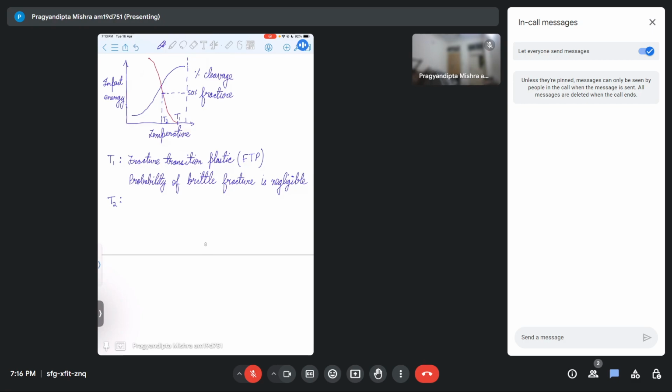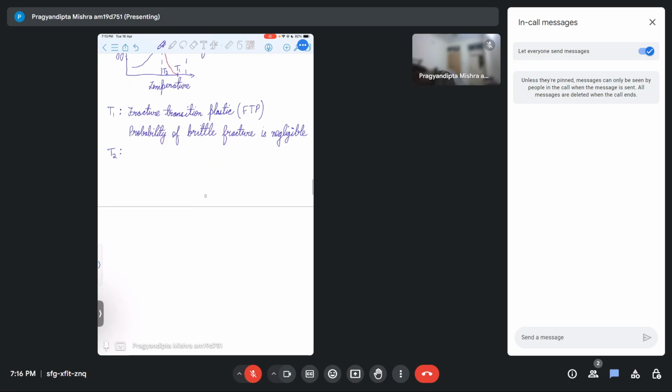We get some temperature T4 at 20 joules, which is known as ductile transition temperature or DTT. So this is the most widely accepted temperature where the ductile to brittle transition happens.